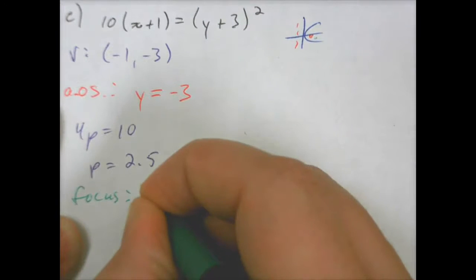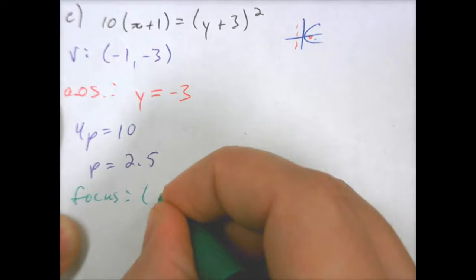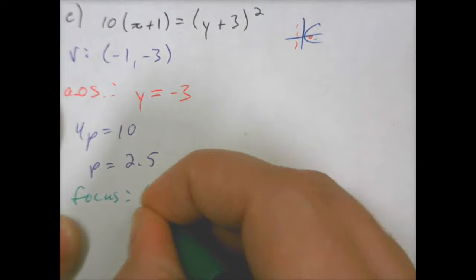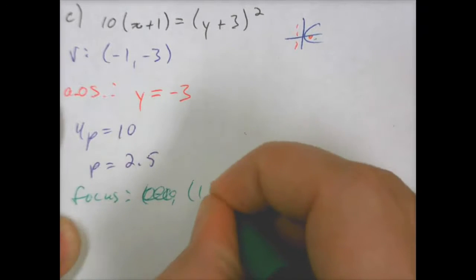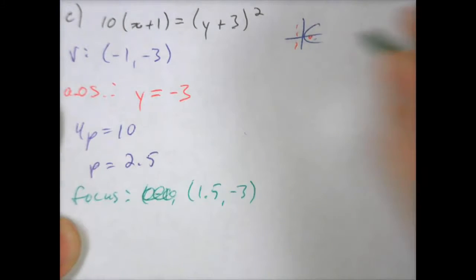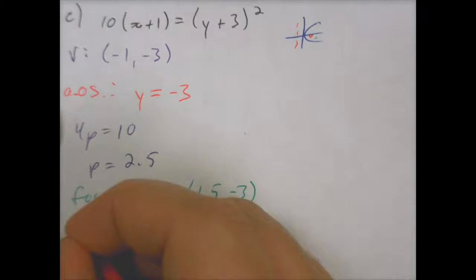So the focus should be, sorry, it's not on the y, it's on the x. So 1.5, negative 3, because the y value doesn't change, but the x does because it goes left and right.